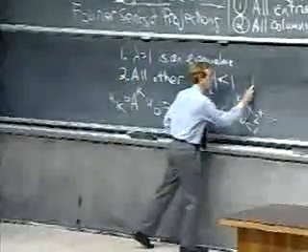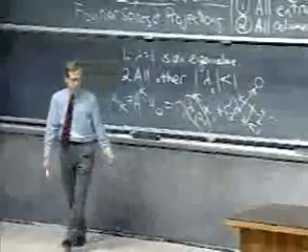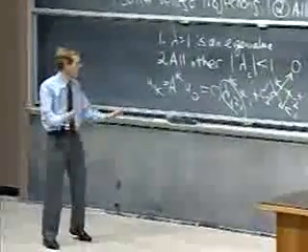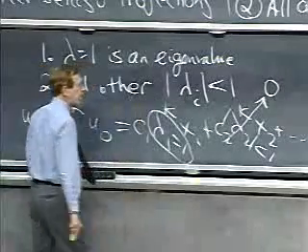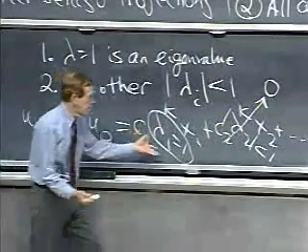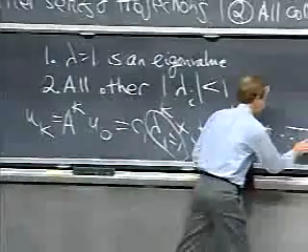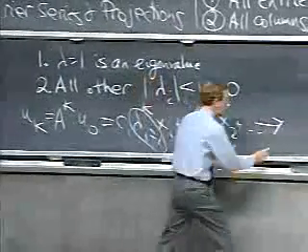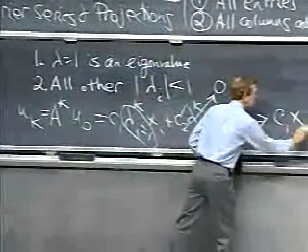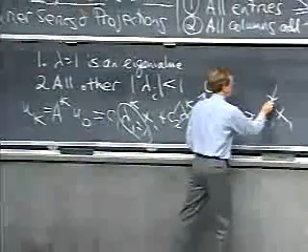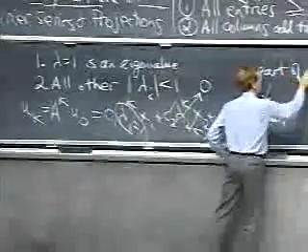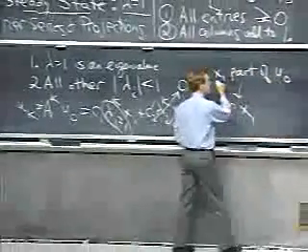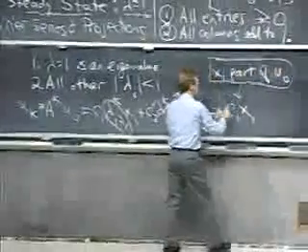That term and all the other terms are going to 0 because all the other eigenvalues are smaller than 1. And the steady state that we're approaching is just whatever there was: this is the x1 part of the initial condition u0. That is the steady state.